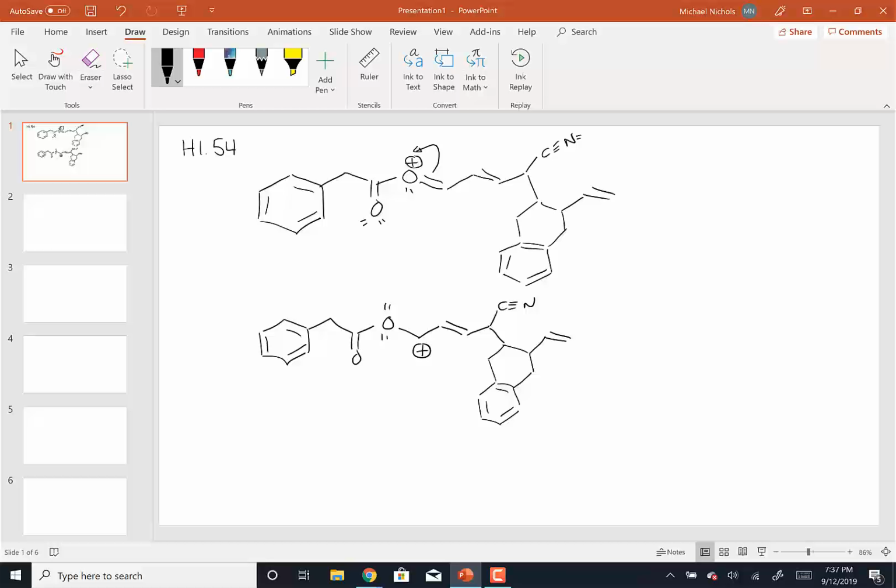Can I move any pairs of electrons towards the positive charge and basically make that positive charge a zero formal charge carbon? Yes, I can take this pair of electrons and move it like that.